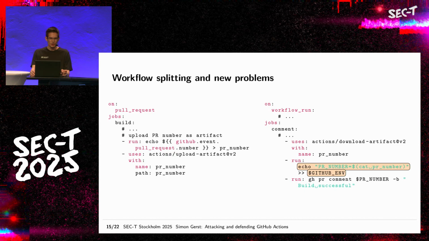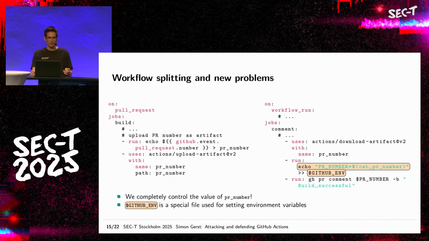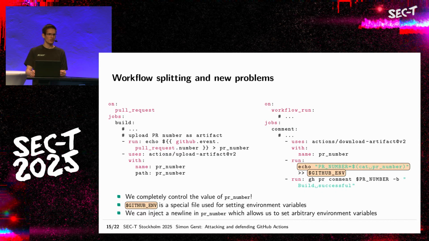And that's also where the problem is, because we completely control the value of PR number. And this special GitHub environment variable works by having the key of your environment variable and the value, and it is separated by line feeds. So if we can inject a new line into our PR number, we can also inject arbitrary environment variables into the GitHub environment.